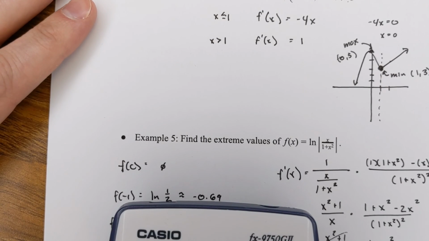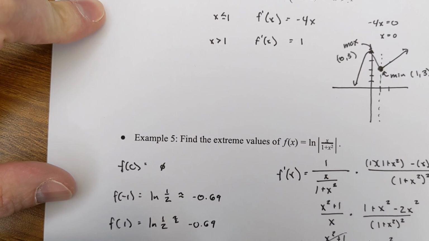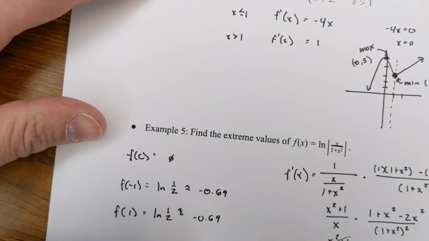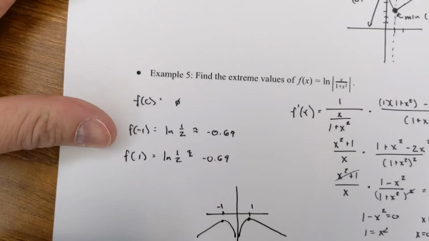So the function looks kind of like a weird funny bird. So it does something like that. So here, there, that's at 1, at -1.